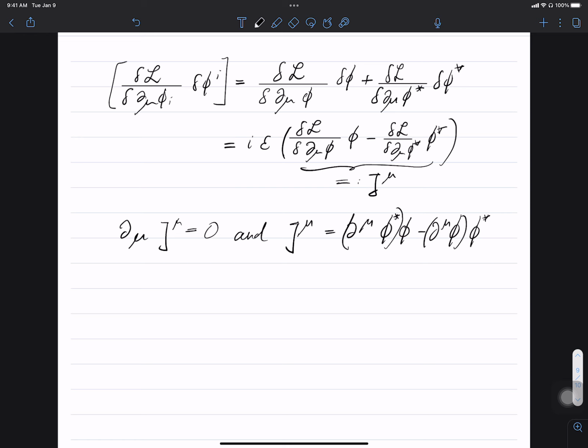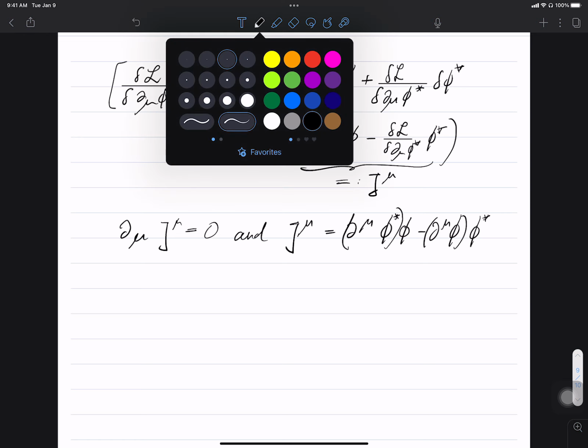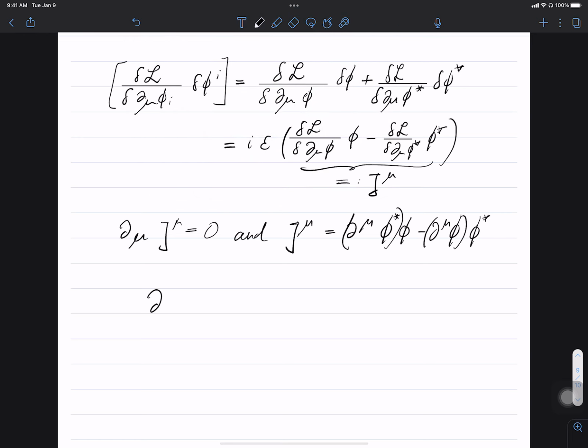Right? That means, in the same way as I showed above, that the time derivative of the zeroth component, which is essentially the charge, the volume integral over this quantity, is equal to the volume integral of the spatial divergence of this quantity.